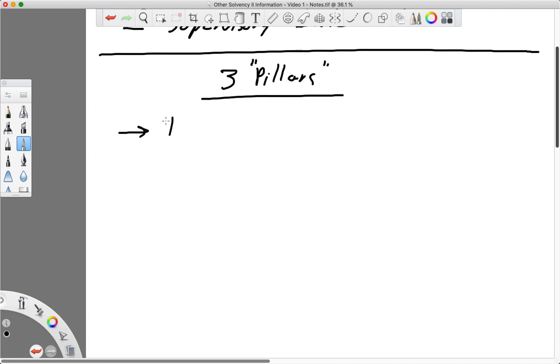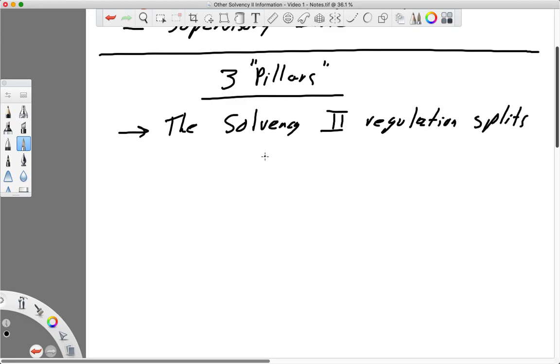So the Solvency II regulation splits into 3 pillars.